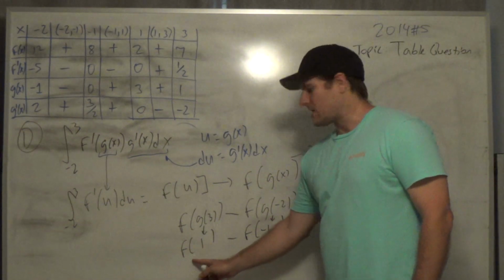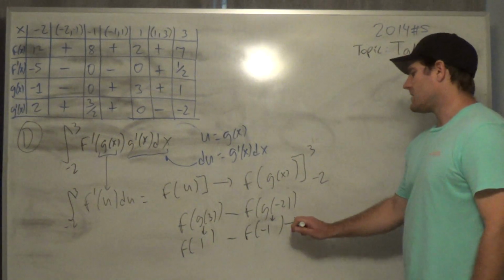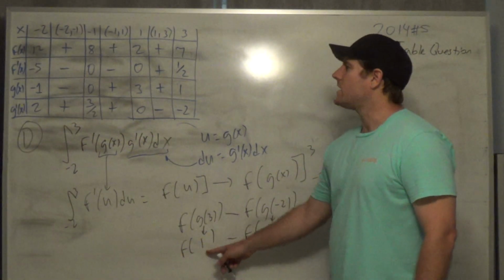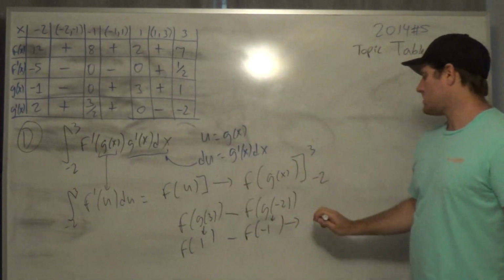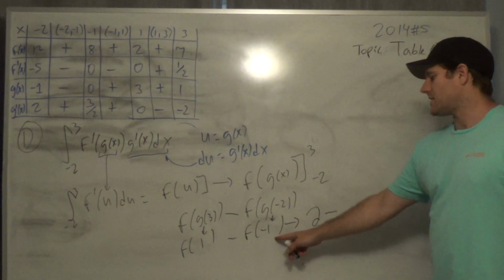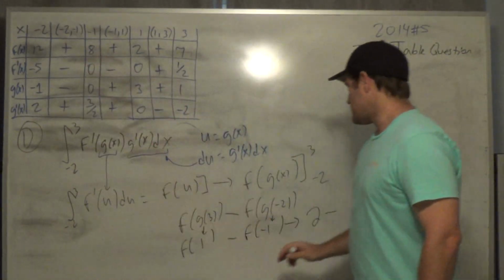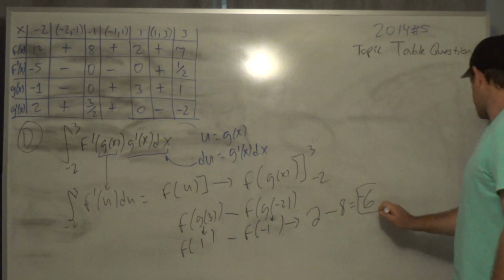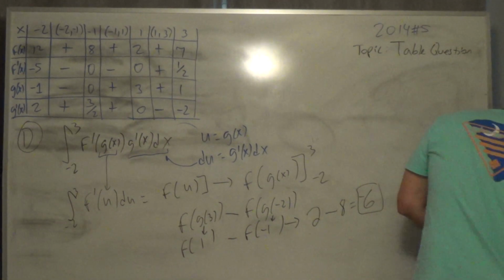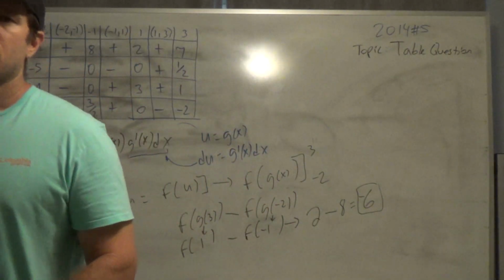And then we're going to look up f of 1 and f of negative 1. F of 1 is 2, minus, and f of negative 1 is 8. So our final answer is 2 minus 8, which is negative 6. Making sure it's correct. It is correct. It's a beautiful question. I hope you enjoyed it. Bye.